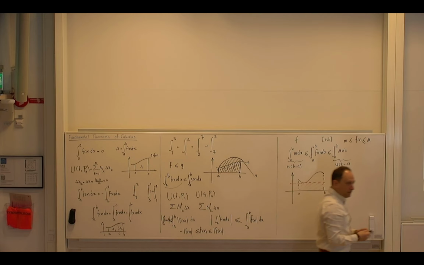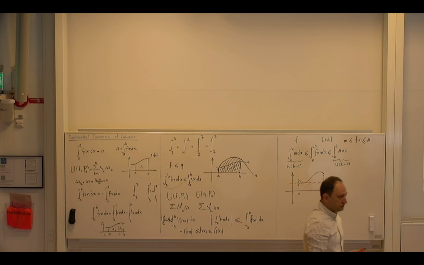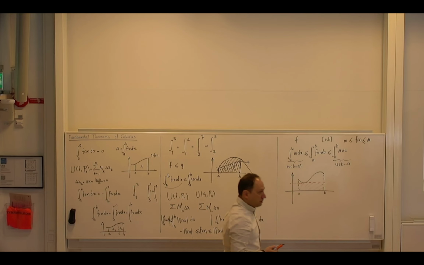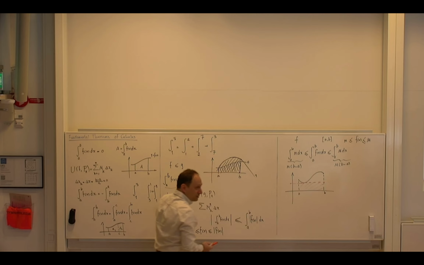Yes? Could another way to prove this theorem be that you can do upper and lower sums, but with just one partition, which is just a to b? No. One partition will not be enough. Because for integrability, one partition does not work. You should prove that the upper sums for all partitions go to the limit.